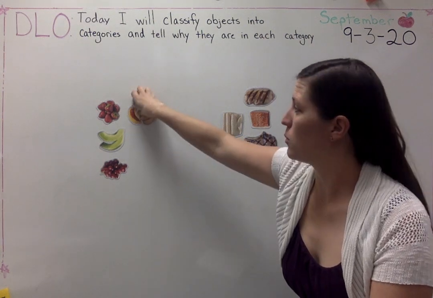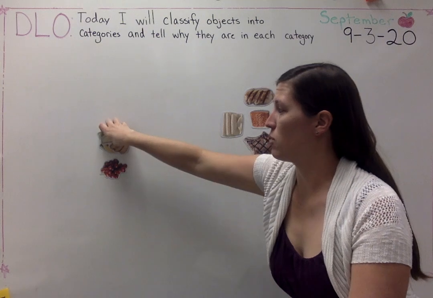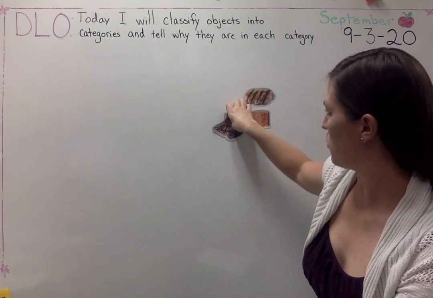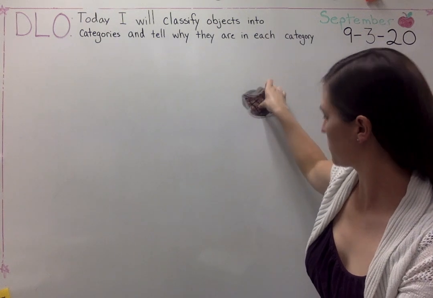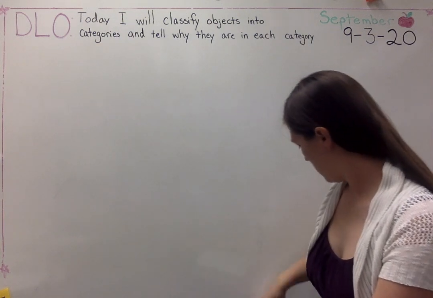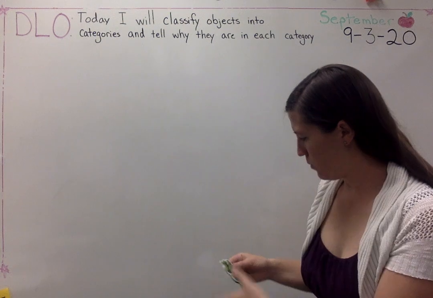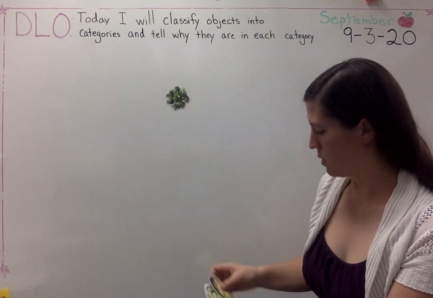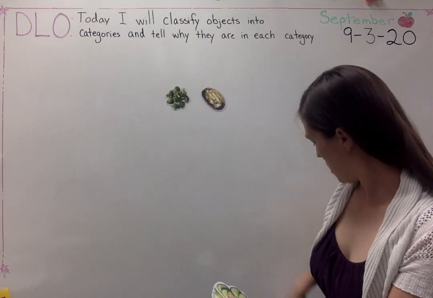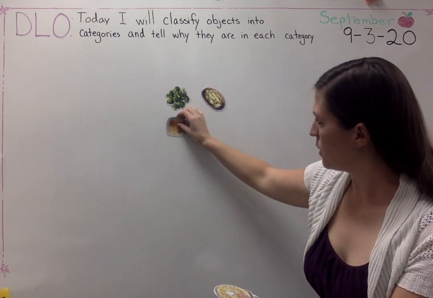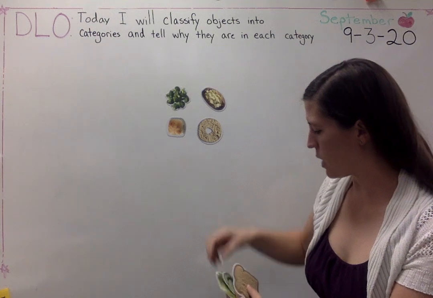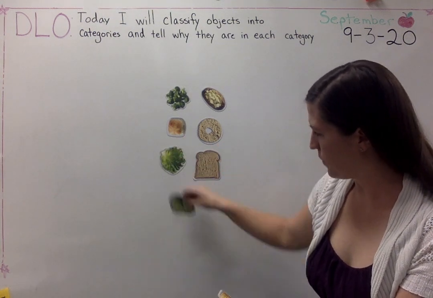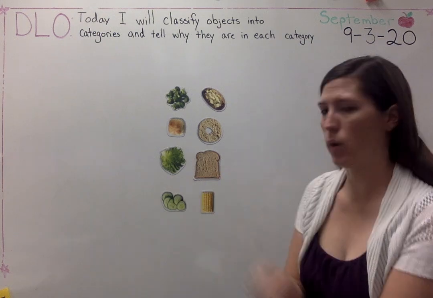Let's look at some other examples of classifying objects into categories. Let me move my fruit and meat out of the way. I have some broccoli, potato, a dinner roll, a bagel, lettuce, slice of bread, cucumbers, and corn.